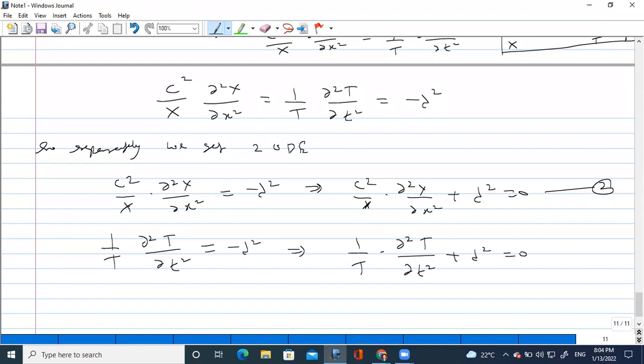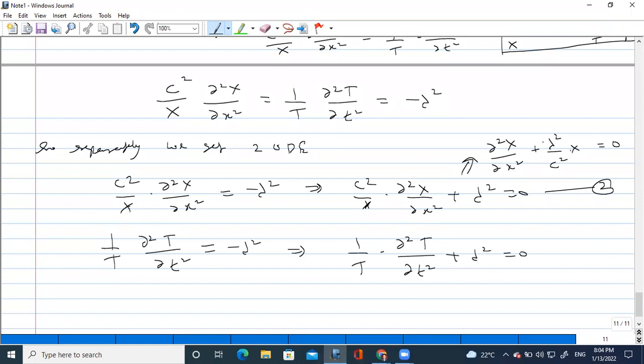Further I can solve this. Because I want coefficient 1 here, it will become del 2X by del x square plus x by c square into lambda square, or you can write it like this, lambda square by c square into x, equal to 0.